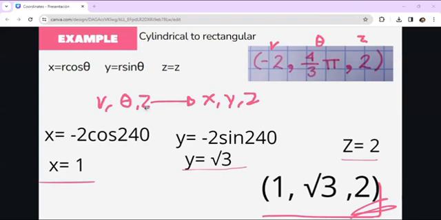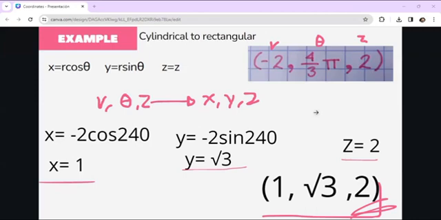Our exercise is -2, comma, 4/3 of pi, comma, 2.